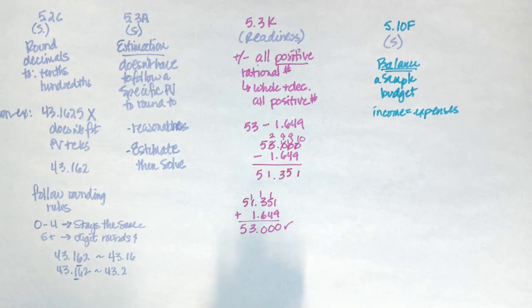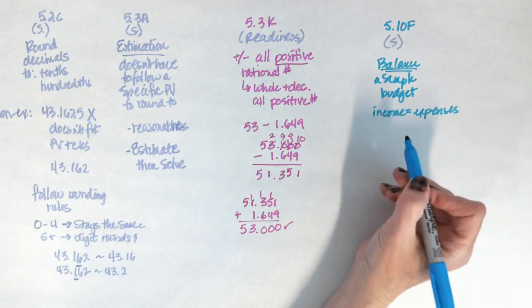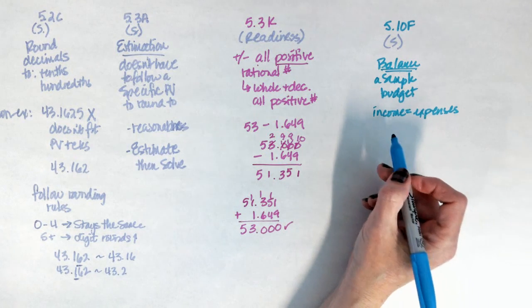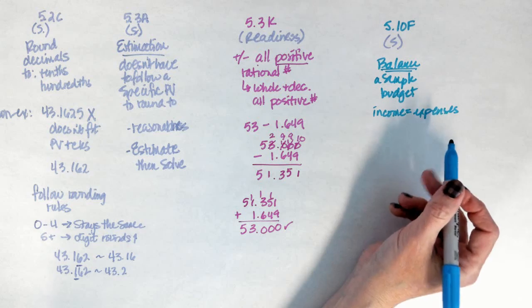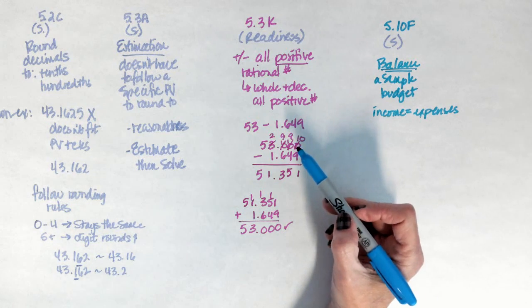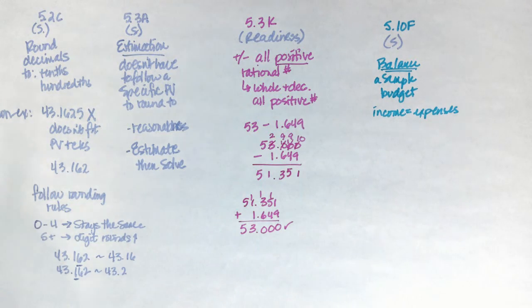If your expenses exceed your income, you'll learn that is part of 5.10E. If your expenses are too high, then you have to make choices about what would you do to decrease your expenses. Balancing a simple budget is all about income has to equal expenses, and we do that by adding and subtracting with decimals and whole numbers.